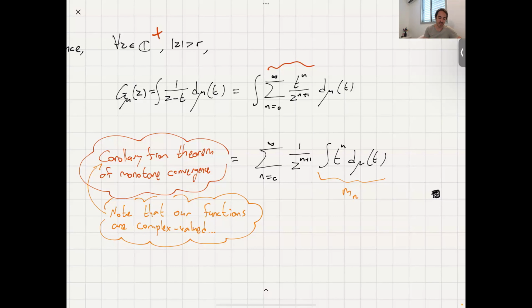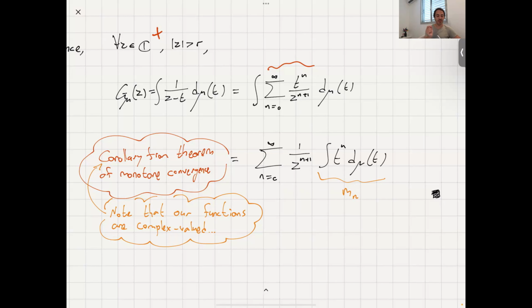And how would you justify that? If you remember, we talked about how you can exchange a series of positive functions with an integral as a corollary of the monotone convergence theorem, right? Because as you add more and more summands, everything is non-negative, so you increase the sum, and you get a monotone sequence of partial sums.